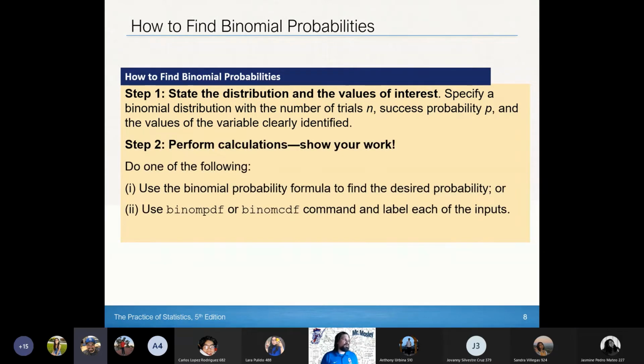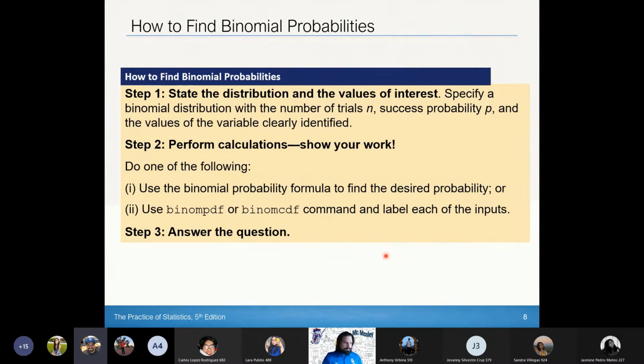Show your work. Do one of the following: use the binomial probability formula to find the desired probability, or use your calculator, the binomPDF or binomCDF command, and label each of the inputs. I'll show you what that means in a moment. Step 3, you've done your work, so answer the question.